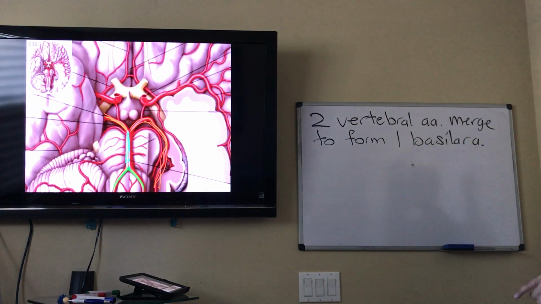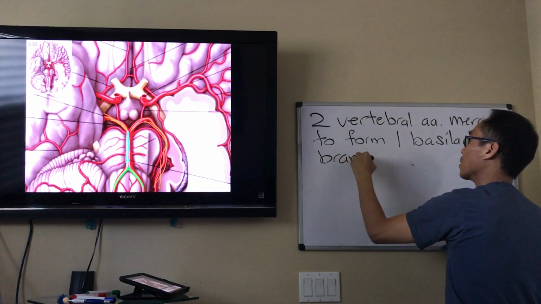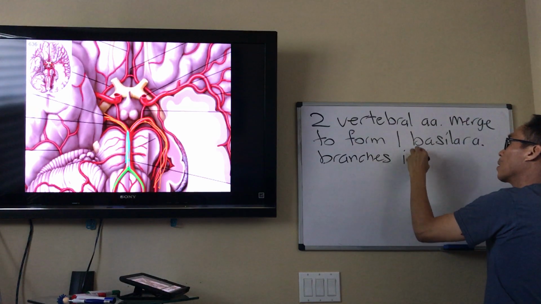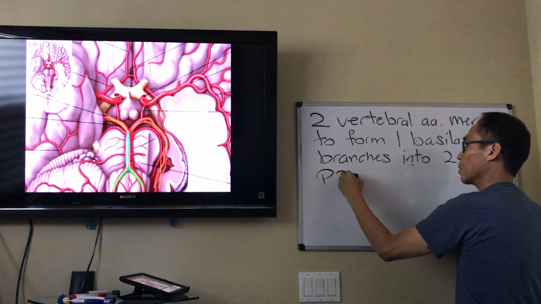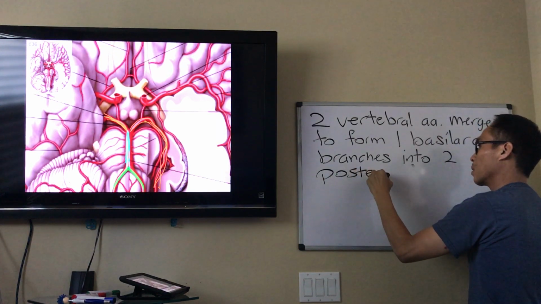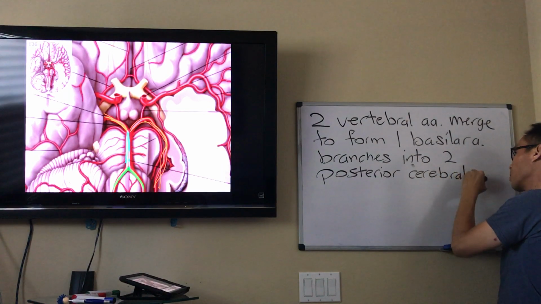Basilar artery branches into two posterior cerebral arteries.